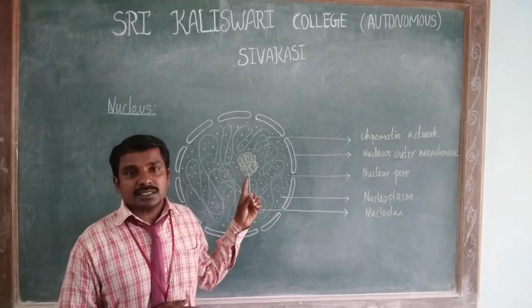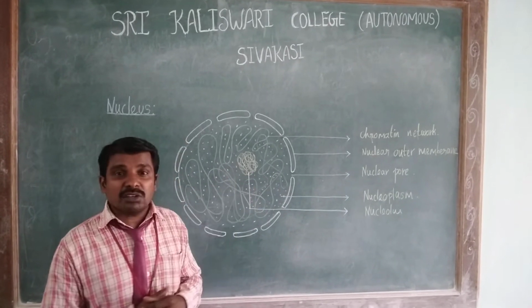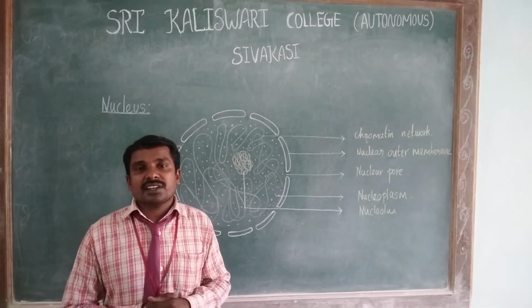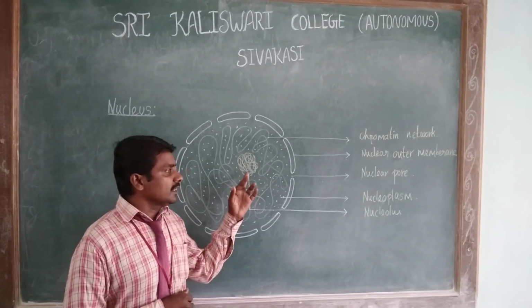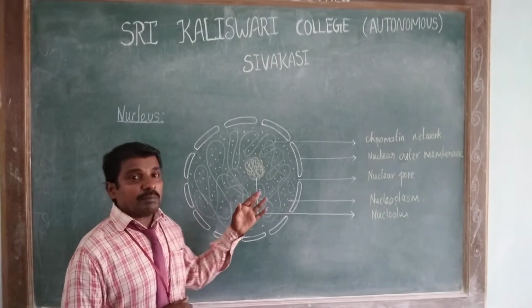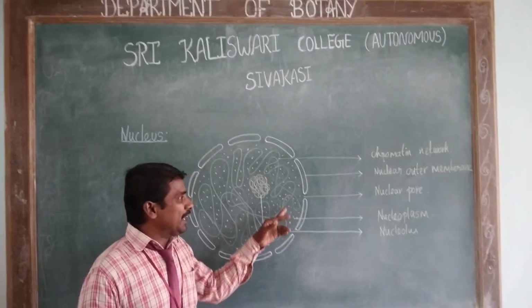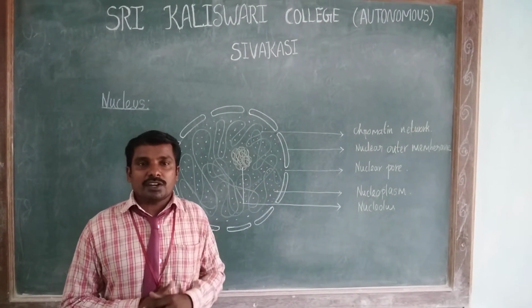Inside the nucleus, we have an eminent and individually prominent structure. That is also globular in structure and is known as the nucleolus. This nucleolus is normally present in the peripheral part of the nucleus, embedded inside the karyoplasm or nucleoplasm.